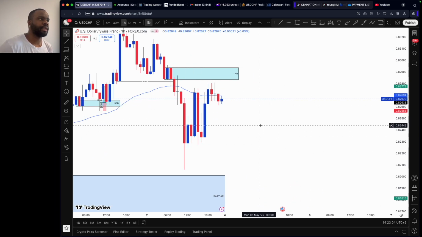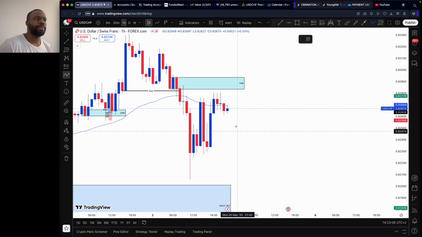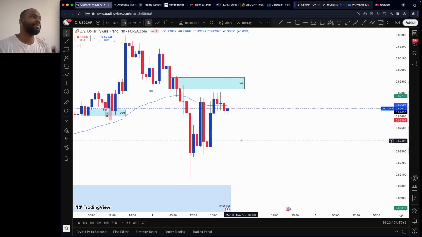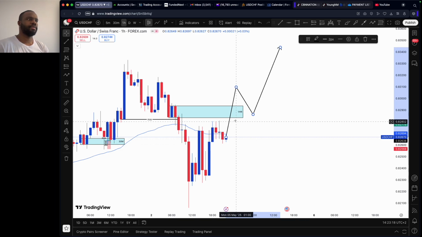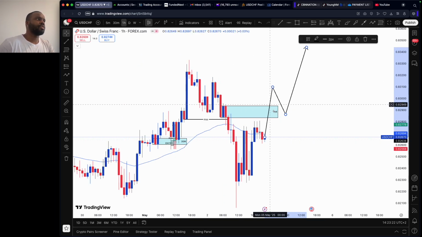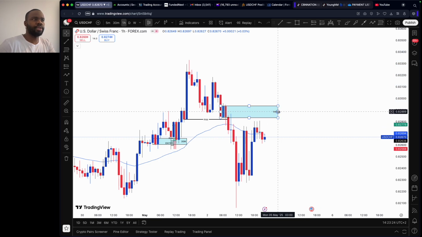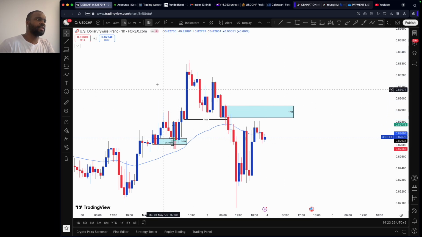So I'll be expecting price to tap here, then go down. If price does otherwise, by maybe closing above this area of interest, then we can continue buying USD CHF.